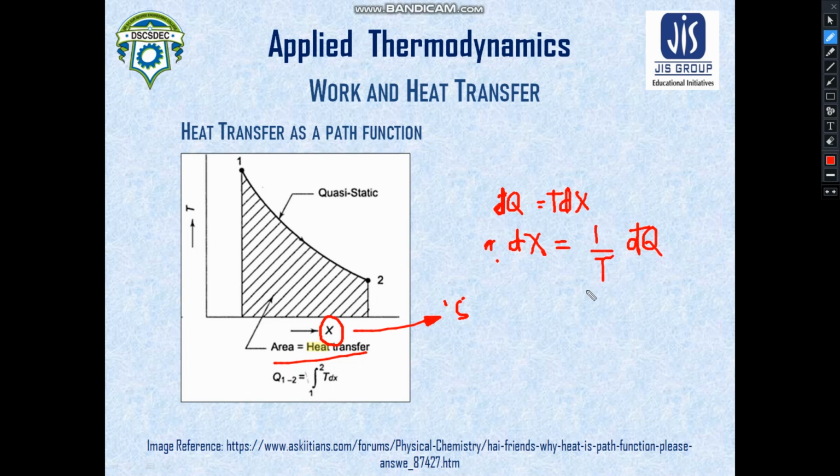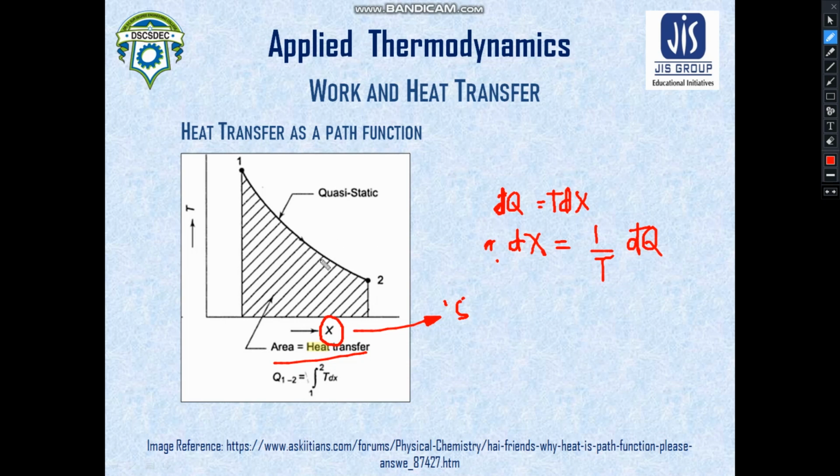So this 1 by T is nothing but the integrating factor. If you remember the concepts of differential equations, you know how an integrating factor acts. So this 1 by T is the integrating factor here, and this dq is an inexact differential.